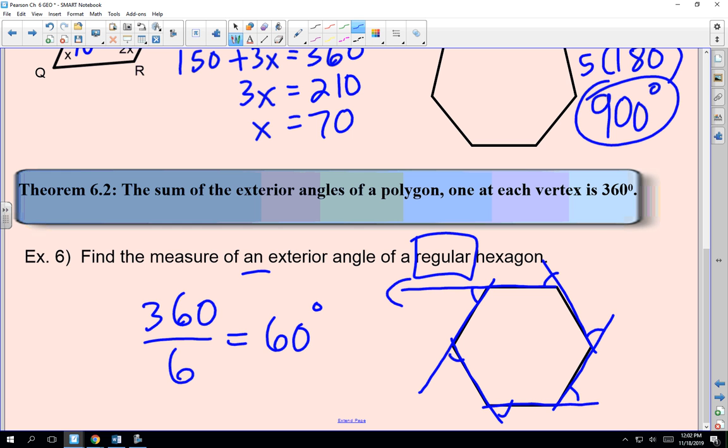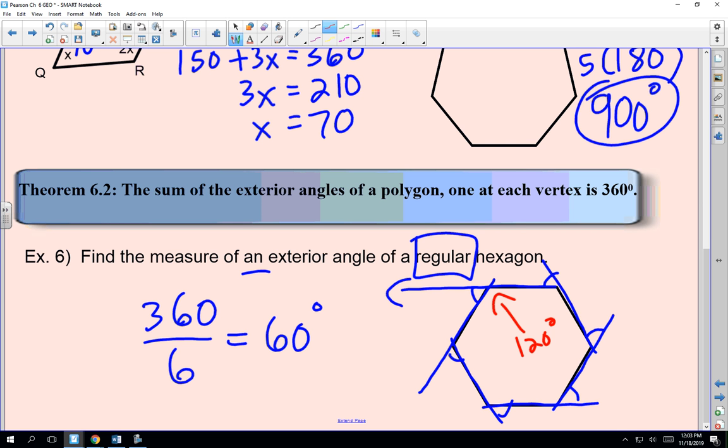And then you can combine that with the fact that each of these is a linear pair. Remember linear pair? So if each of the exterior angles of a regular hexagon is 60, can you tell me what each interior angle is? Like right here. 120. And then that goes all the way around if it's regular.